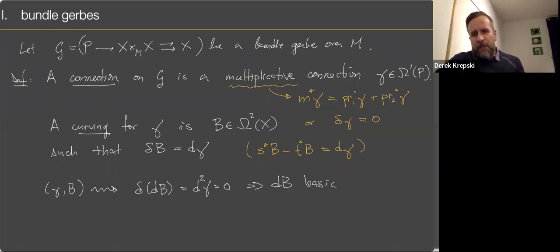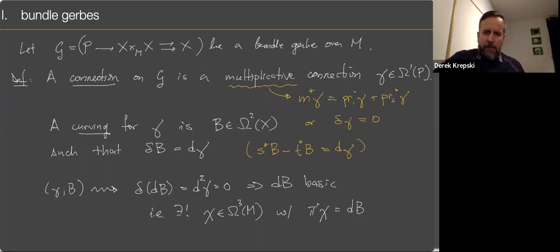In other words, it comes from a form on M. So there's a unique 3 form on M that pulls back by the surjective submersion to dB. And this 3 form chi here is what's called the curvature, or 3 curvature, if you want to emphasize it's in degree 3.